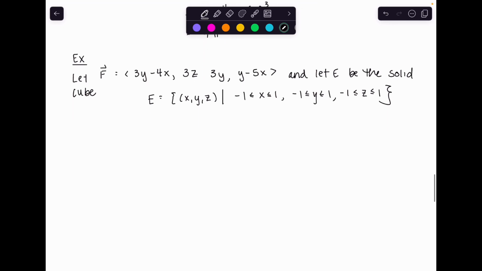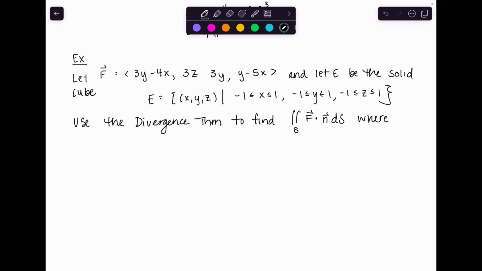We're going to go ahead and use the divergence theorem to find the double integral over the surface of F dot n, where S is the surface that encloses E with outward orientation.